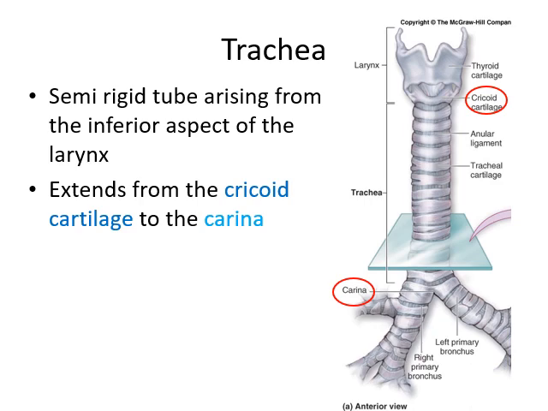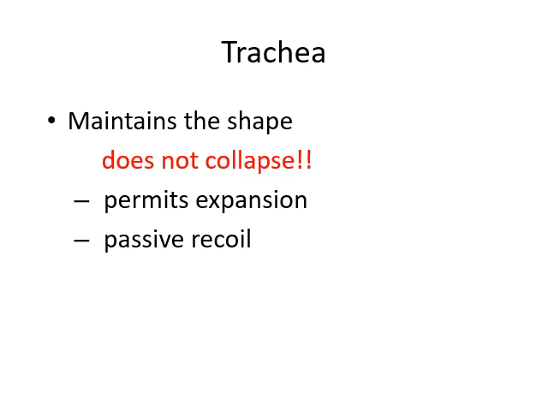Now it's important for the trachea to always be open, okay, because if the trachea closes, no air is going to get into the lungs, right? So anywhere there is an obstruction in the trachea, the person will die quickly without any oxygen, right? So it is important for the trachea to be open all the time. As I just told you, the trachea has to maintain its shape.